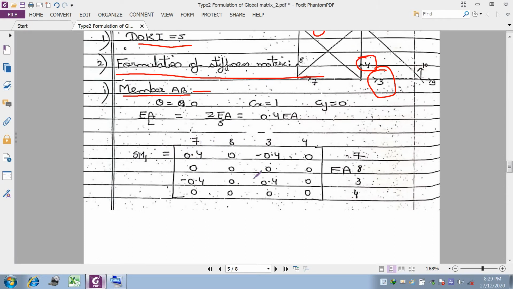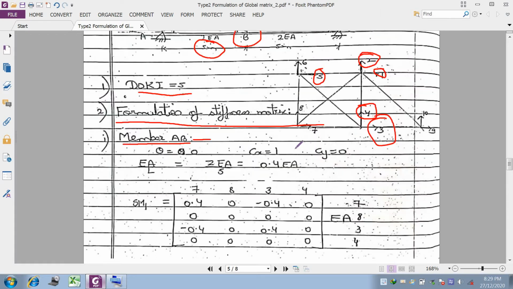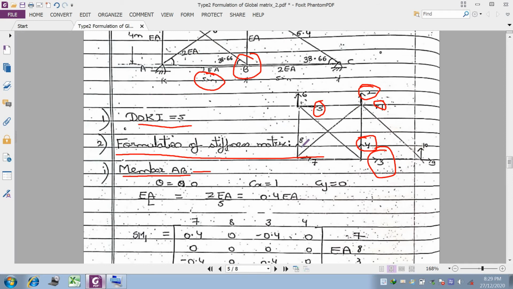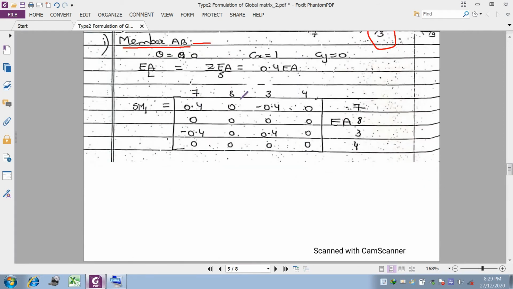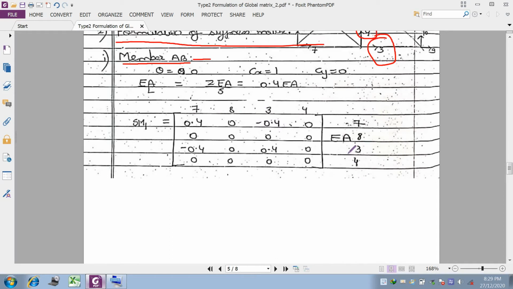We just have to put in the values, and we will get the matrix. The coordinates for AB are 7834. We have to put the coordinates very carefully on the matrix, on the row and on the column side. EA by L is the value we have already calculated as 0.4. We multiply this 0.4 inside the brackets, and we will get the answer like this.